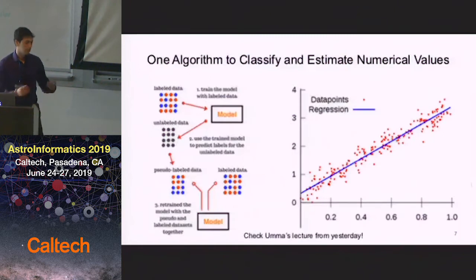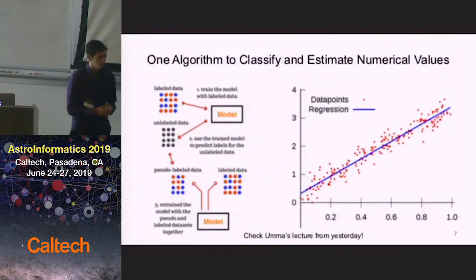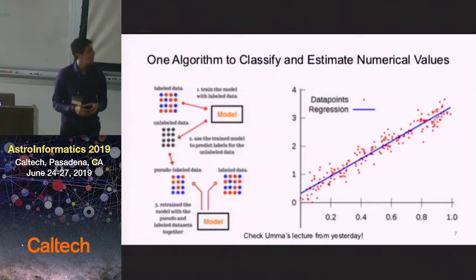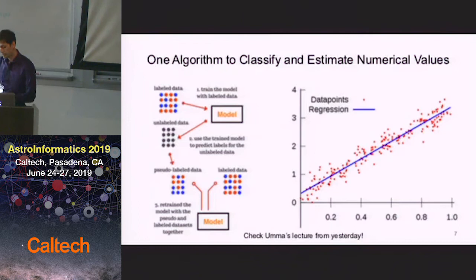What I did with this first data release is try to apply this random forest machine learning algorithm in order to try to classify things and make regressions to estimate stellar parameters.